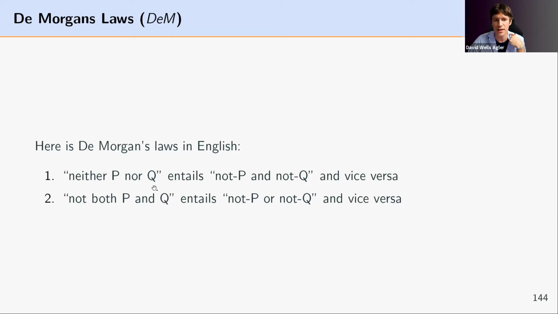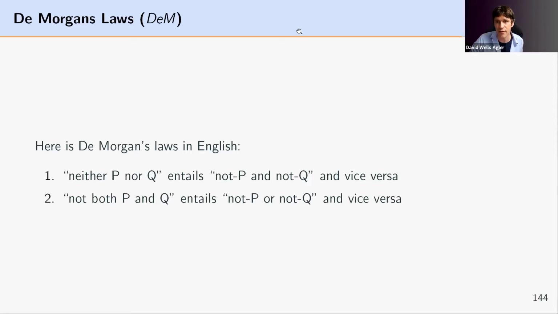So if someone says neither P nor Q, we say they're saying the same thing if they say not P and not Q. And so if they were to reason from neither P nor Q to a sentence, not P and not Q, we'd say, yeah, that's a perfectly fine way to reason, because they're just saying the same thing. And they could reason back the other direction. If they said not P and not Q, they could reason back to neither P nor Q.